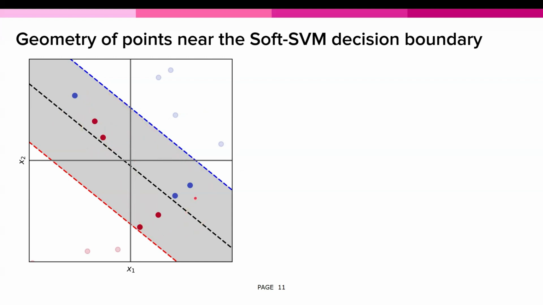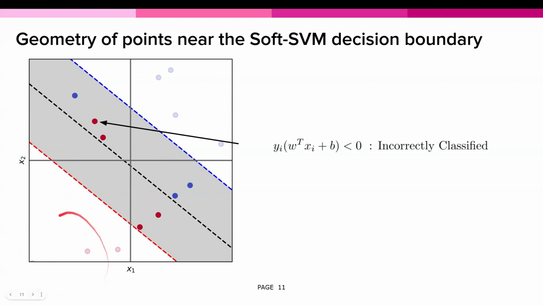We can categorize points into three groups based on their position relative to the decision boundary and the margins. Let's start with incorrectly classified points. These ones are on the wrong side of the decision boundary, because all the red class is down here, and these red ones are above the line.